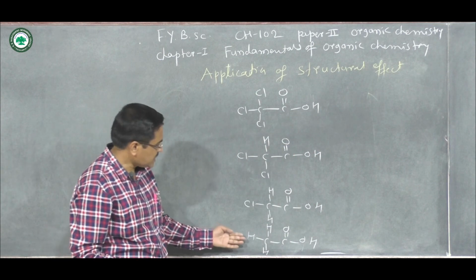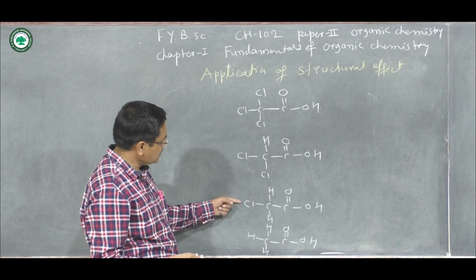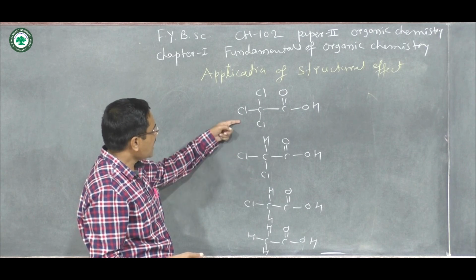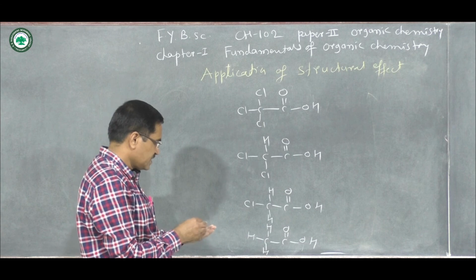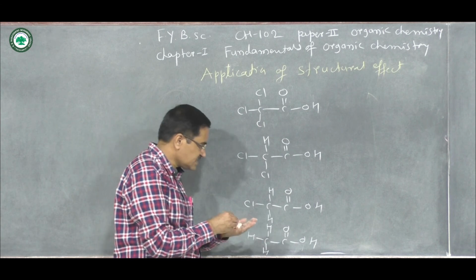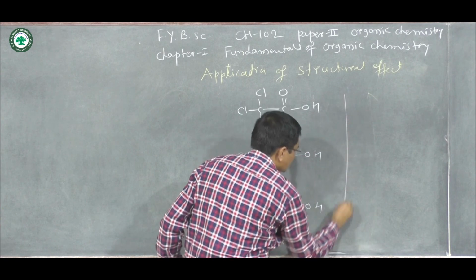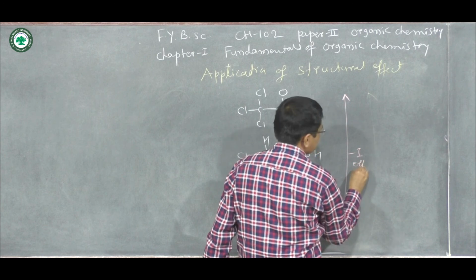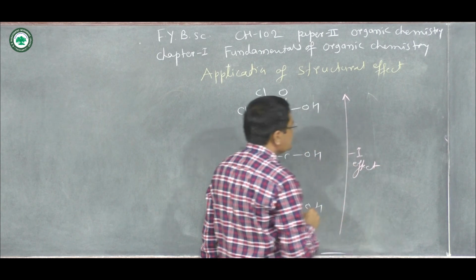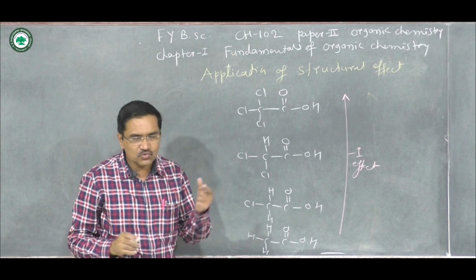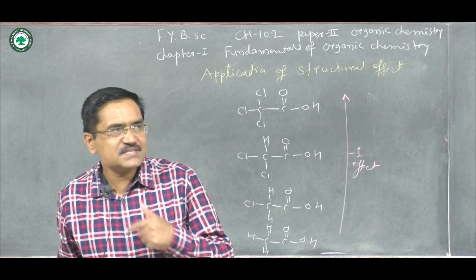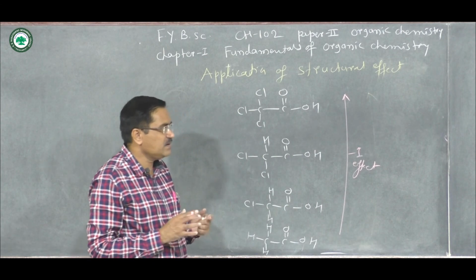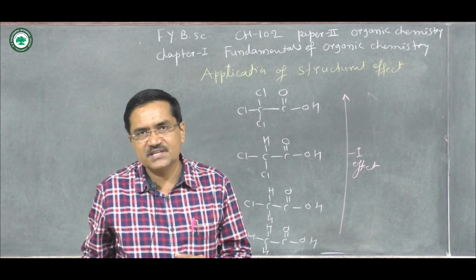Now here this is acetic acid, and here one hydrogen is replaced by a chlorine group, here two hydrogens are replaced by chlorine, and here three hydrogens are replaced by chlorine, and as the number of chlorine groups increases, minus I effect also increases. And you know very well that as minus I effect increases, the conjugate base becomes stable and the strength of acid increases.